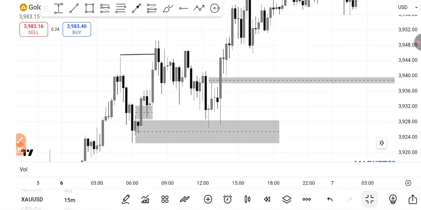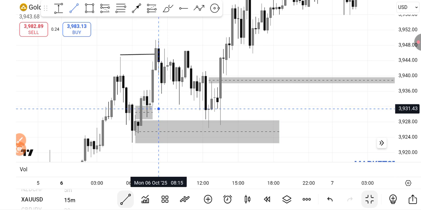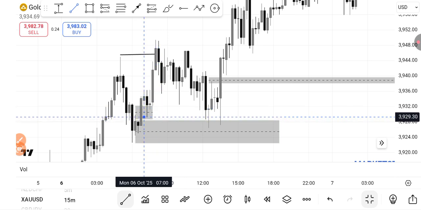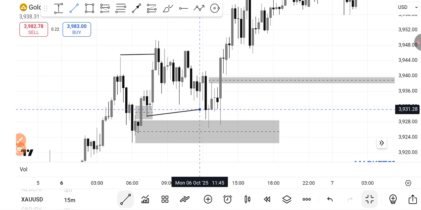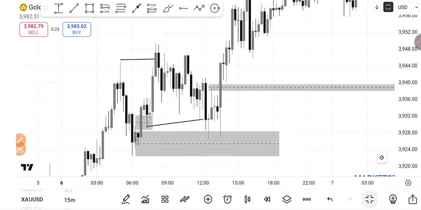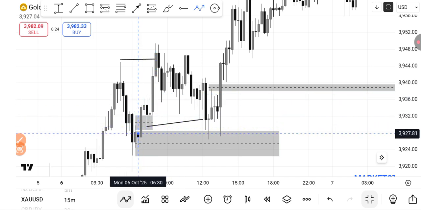Then liquidity, my liquidity was here. As you can see, price came and took out those people who were trying to buy from here. It triggered them using that candle. Let me use this drawing tool to explain to you.